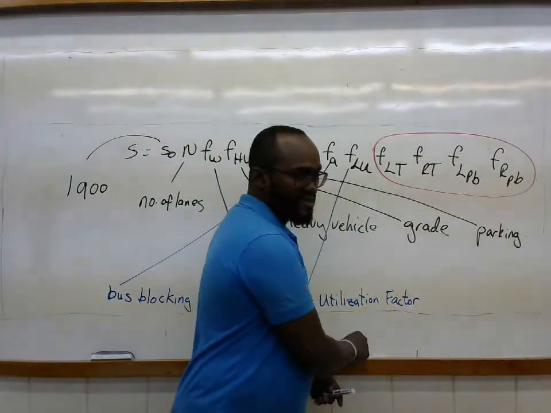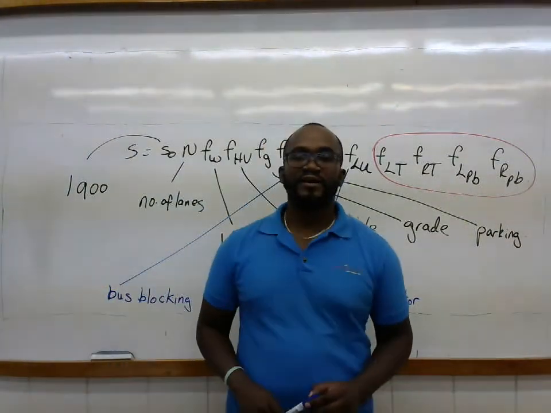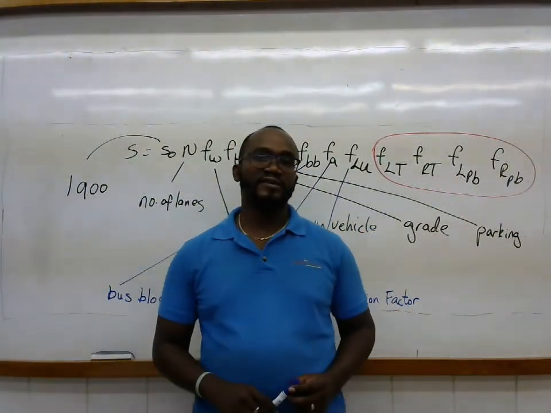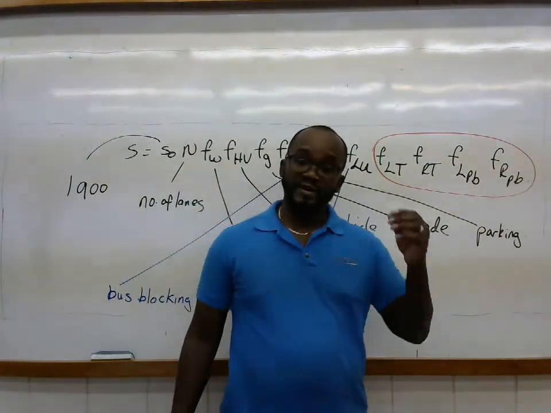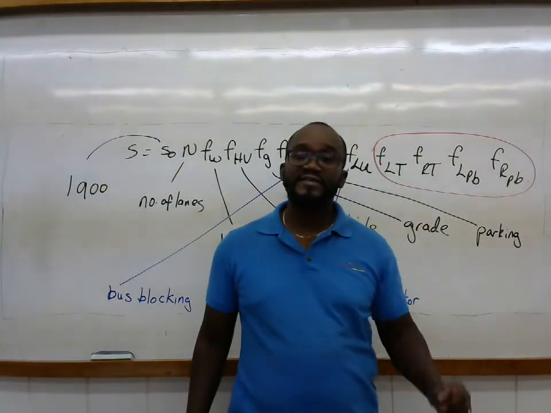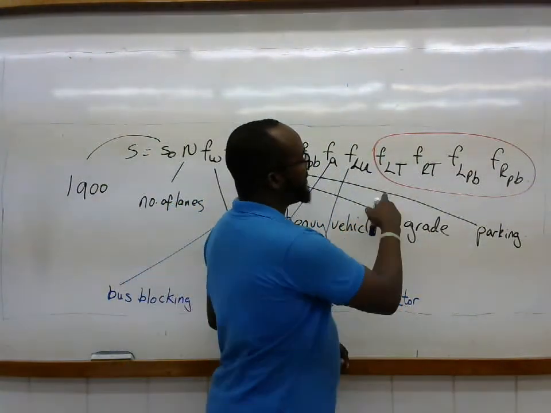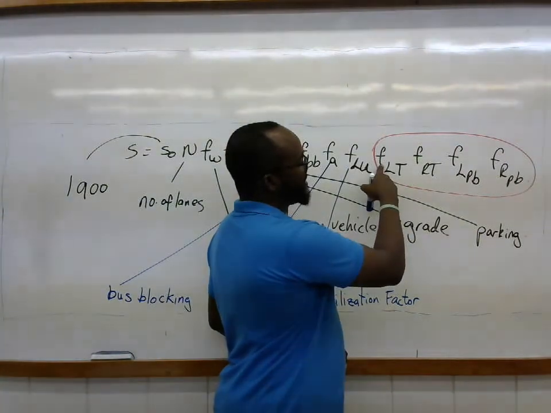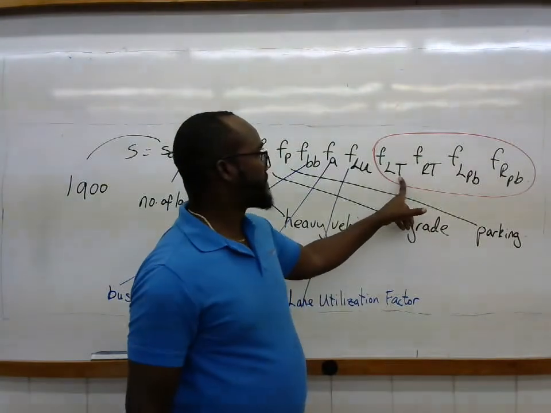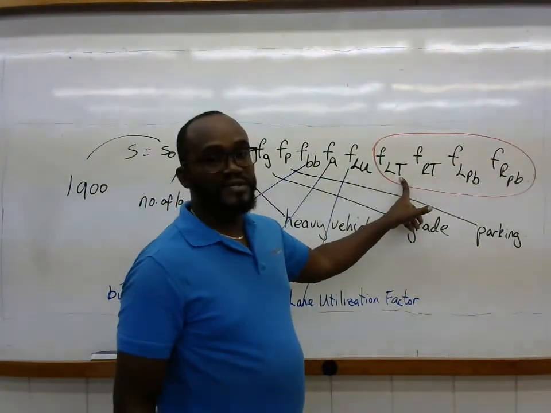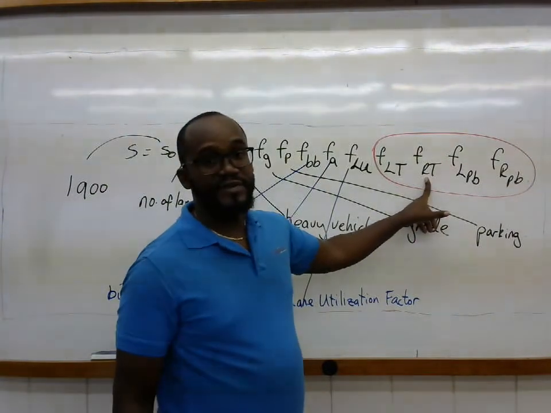The Highway Capacity Manual was developed by AASHTO, the American Association of State Highway Transportation Officials. And of course, in North America, they drive on the right-hand side of the roadway. So the left turning factor, for left turning vehicles, would be opposite to what we experience in the British territories or in the Caribbean.